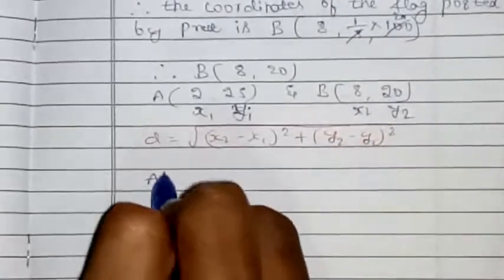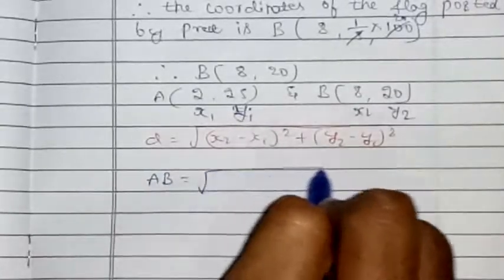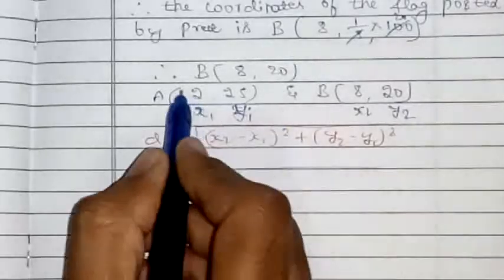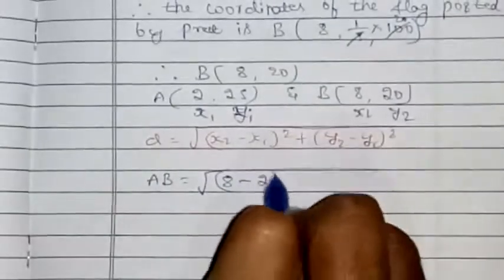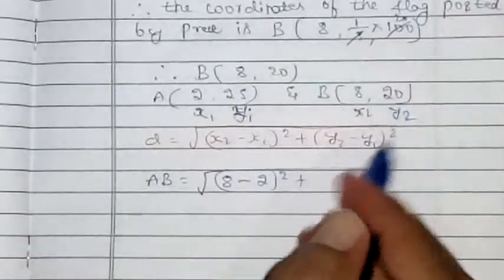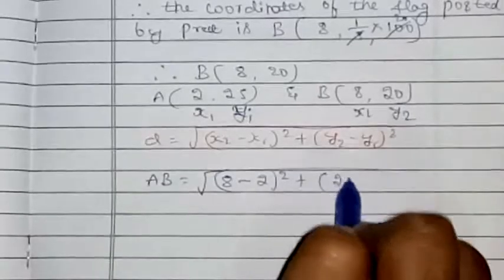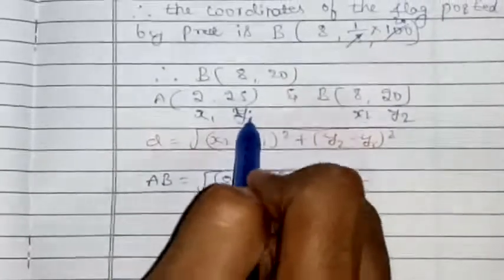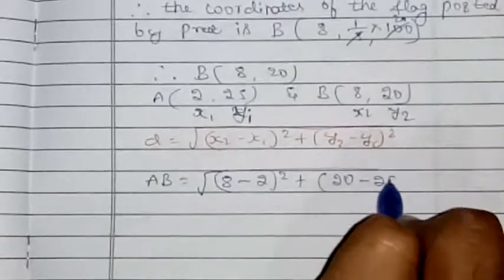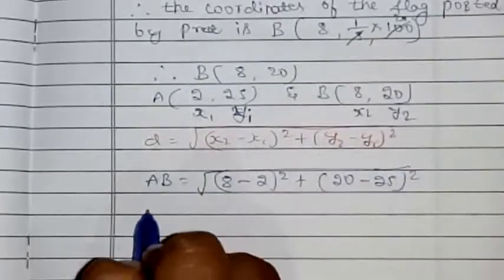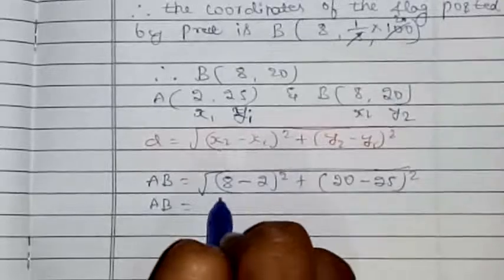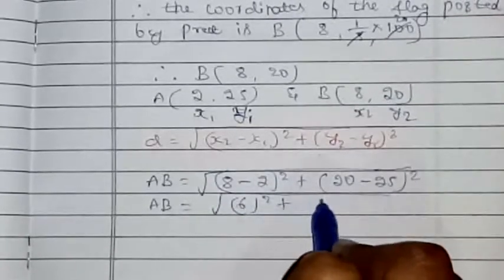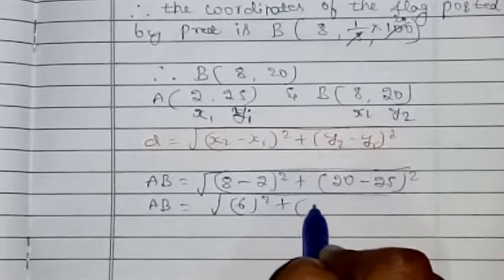AB is equal to square root of, x2 is 8 minus x1 is 2 whole square plus y2 is 20 minus y1 is 25 whole square. Now simplify this. AB is equal to square root of 8 minus 2 is 6 square plus 20 minus 25, it's 5.